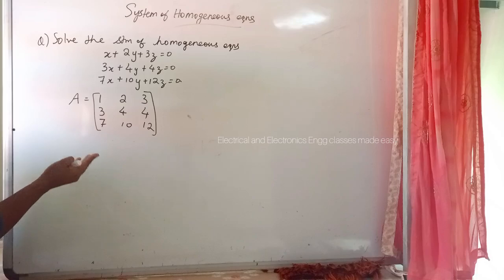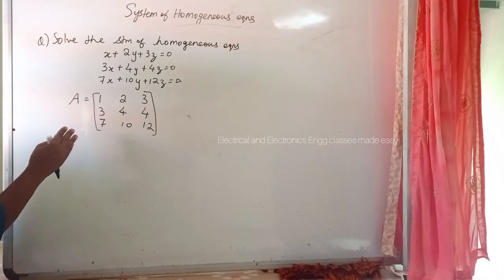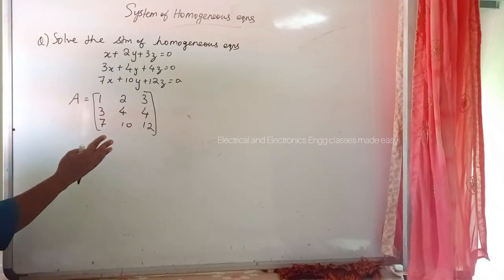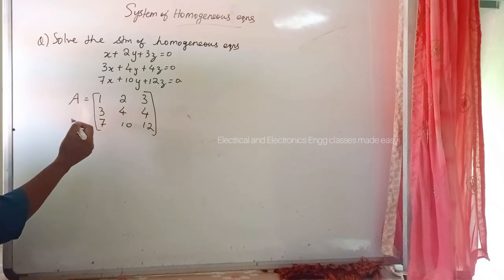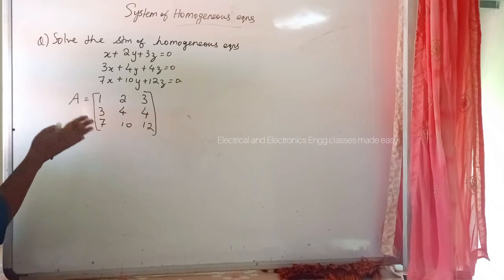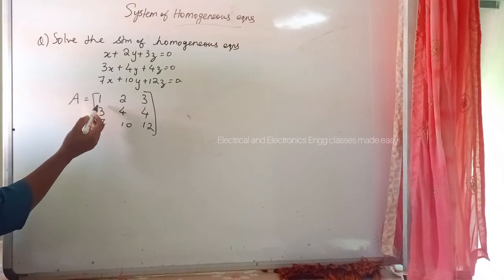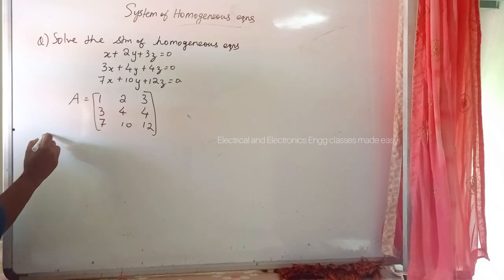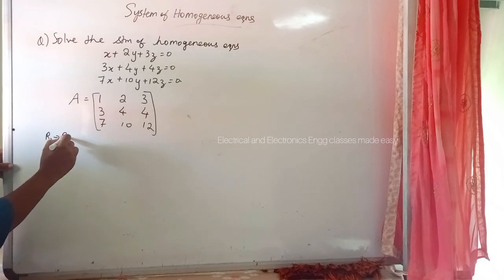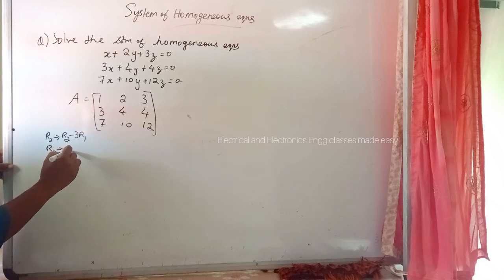Now we have to find the rank of this matrix, that is by the row operations we can find the rank of A, that is we have to find the number of non-zero rows here. So first of all we can make these two elements 0, that is do the operations. R2 implies R2 minus 3 times R1, R3 implies R3 minus 7 times R1.